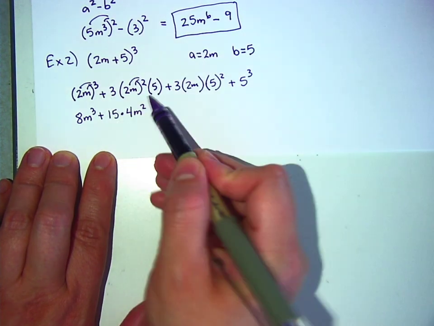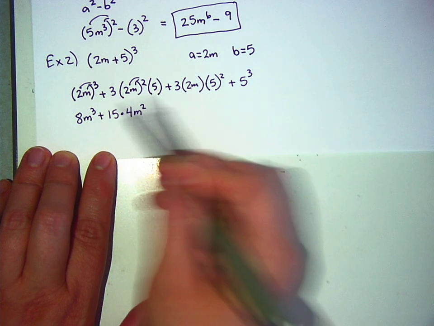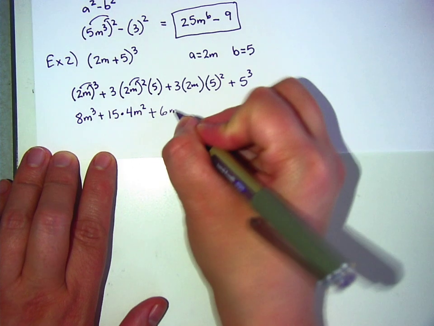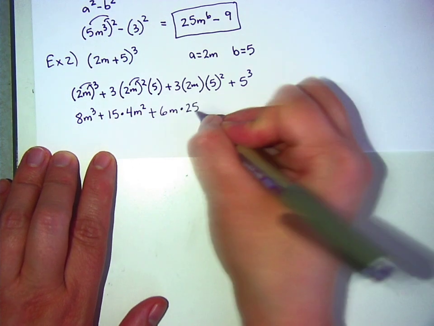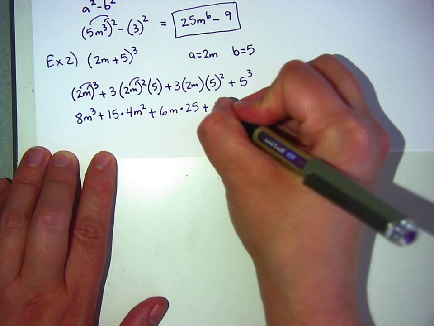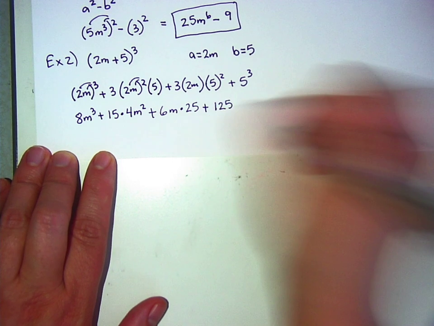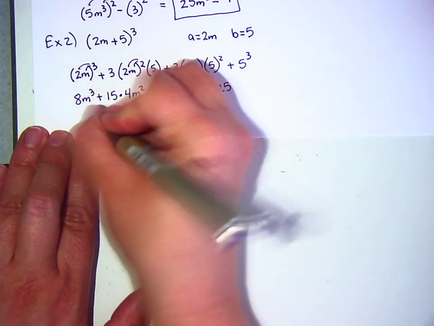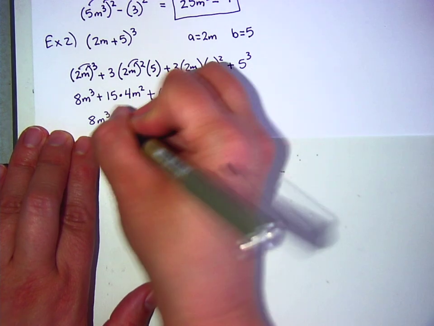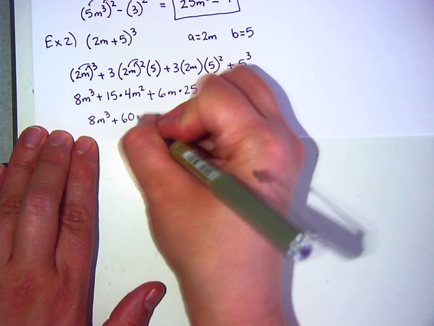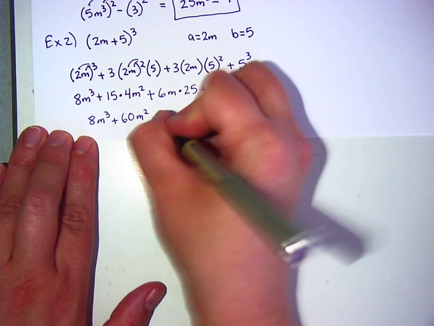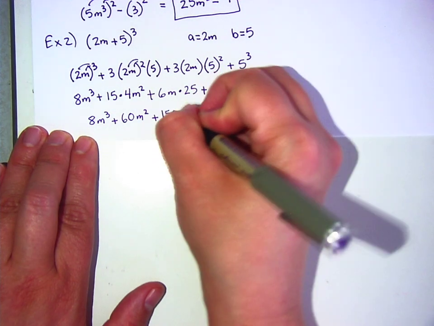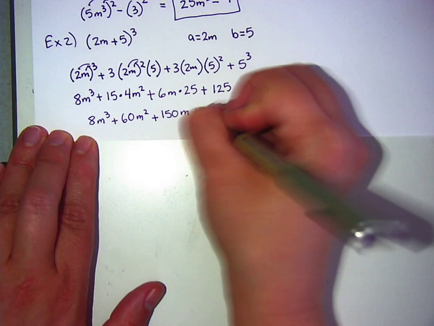I grabbed that 3 and 5 and multiplied them by each other. Plus 6m times 25. Plus 5 to the third, is that 125? Eight m to the third plus 60m squared plus 150m plus 125.